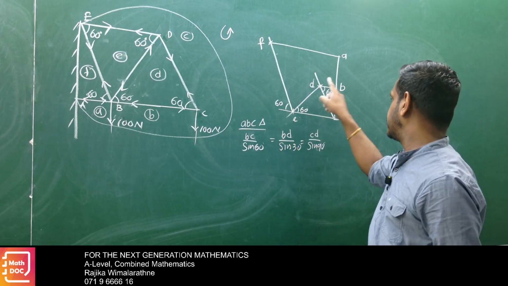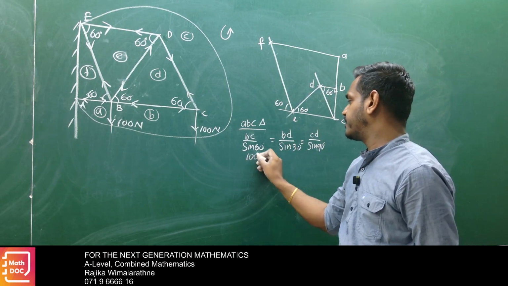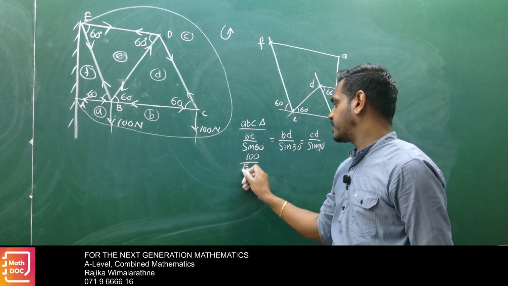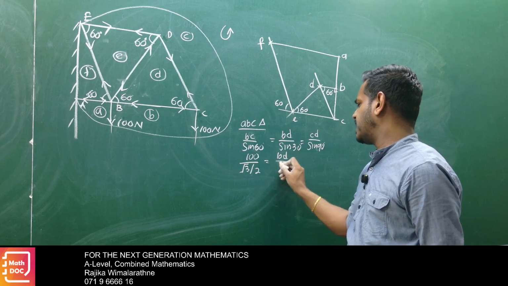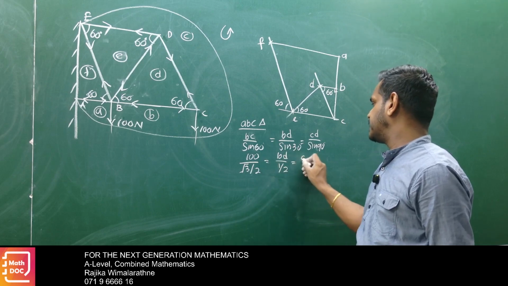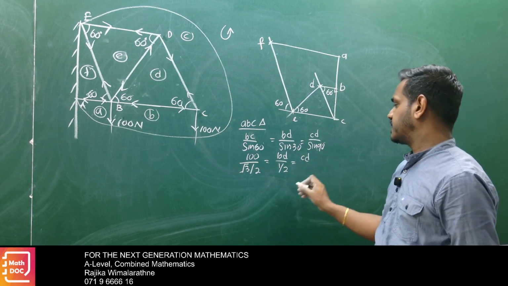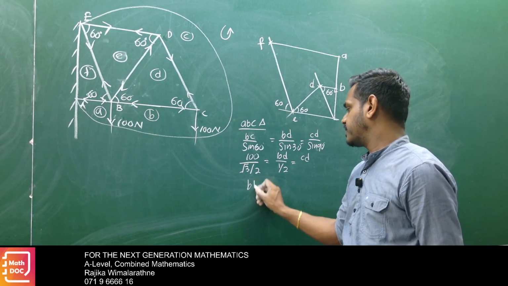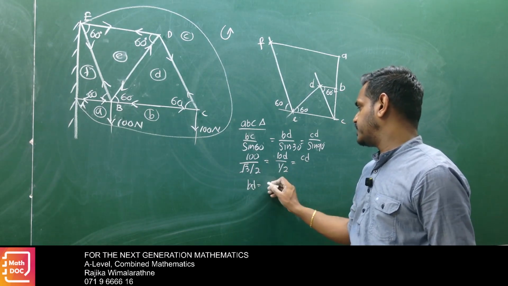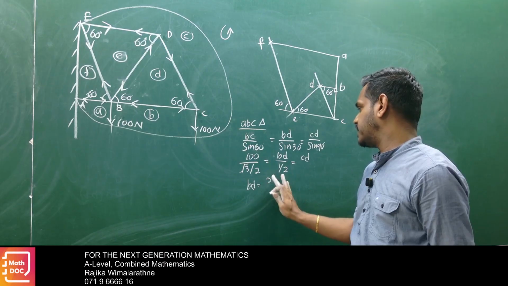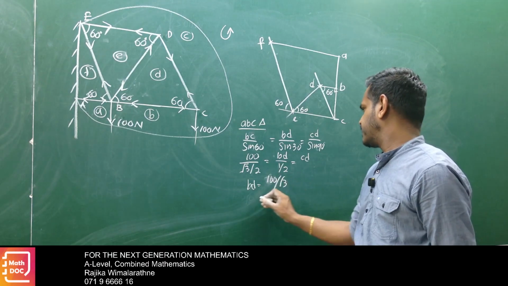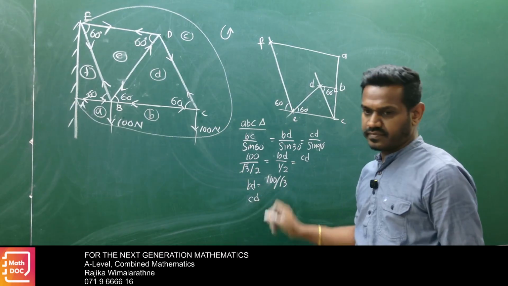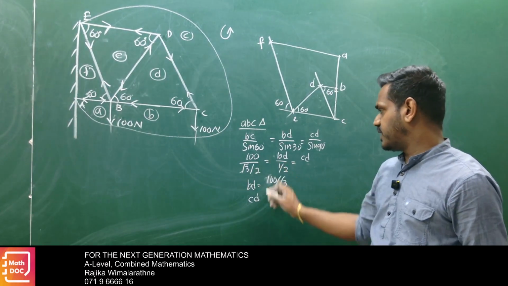Then BC equal 100, no? Root 3 over 2. Then BD sine 30 half CD. BD equal 100 over root 3. CD equal 200 over root 3.